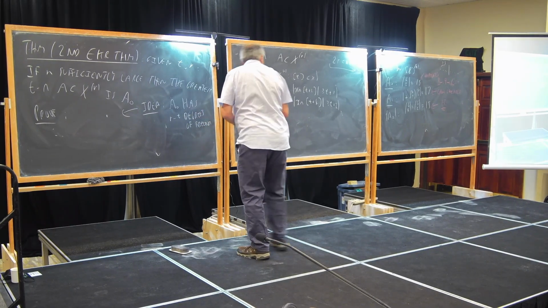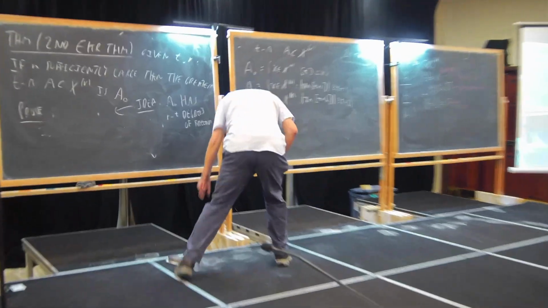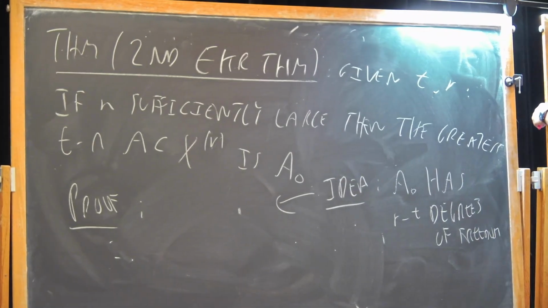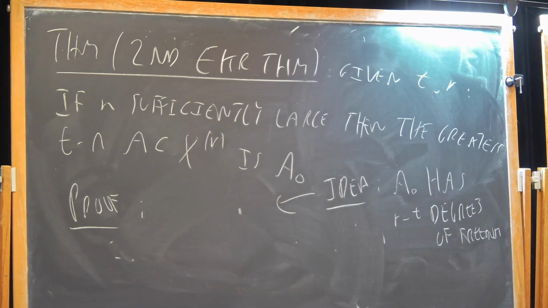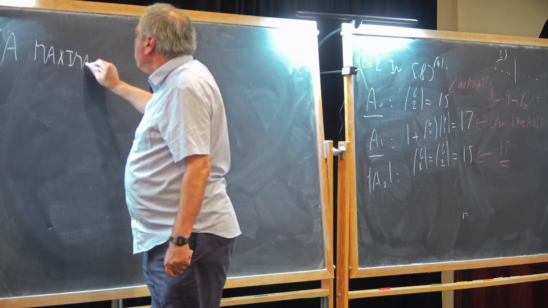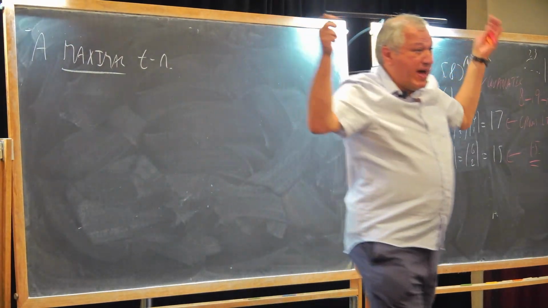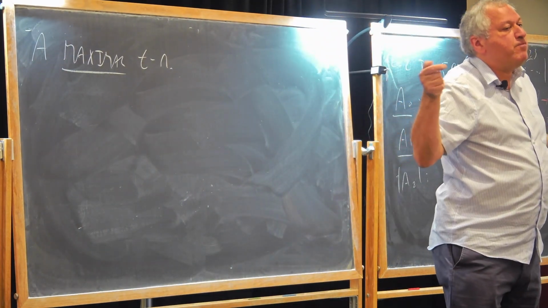So let's see how the proof goes. Let's take A, and let it be maximal t-intersecting. Okay.